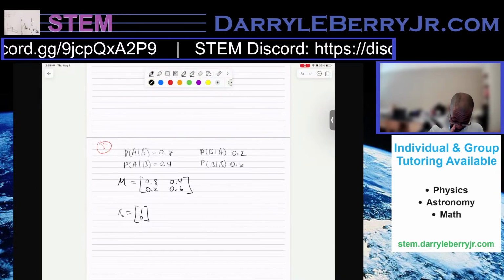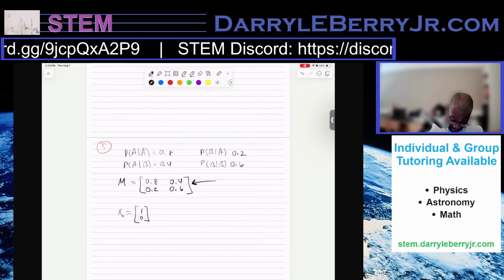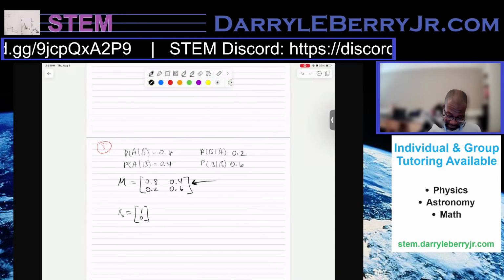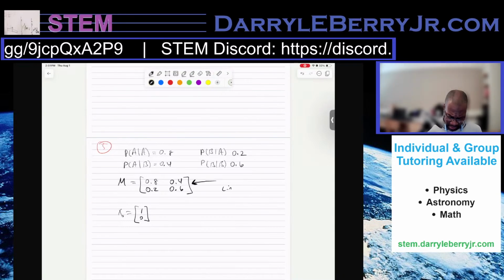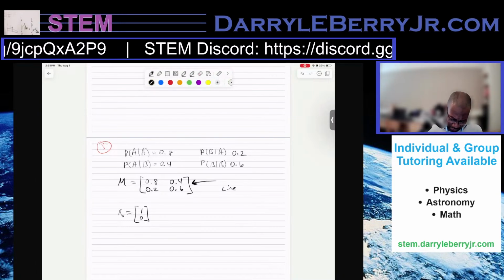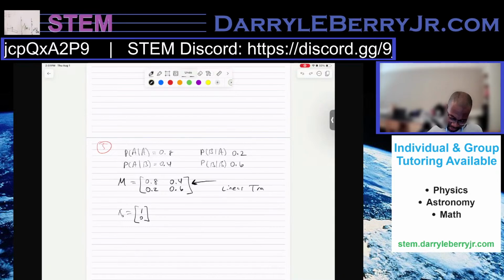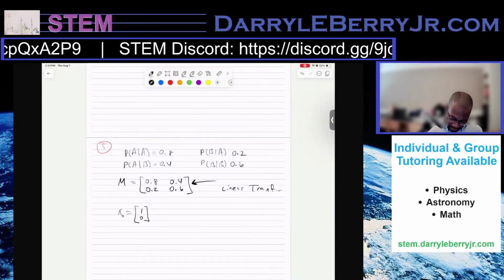So the way this works is this matrix gives us the transformation. I don't know if it's linear or not, but it's a transformation. It has to be linear in algebra. A linear transformation for 1 second.